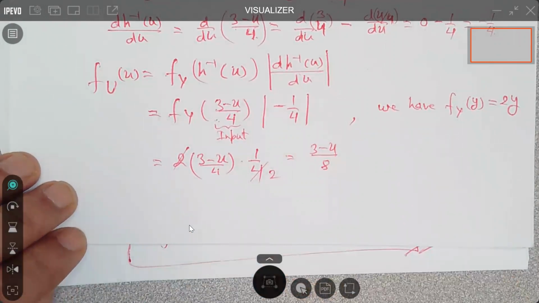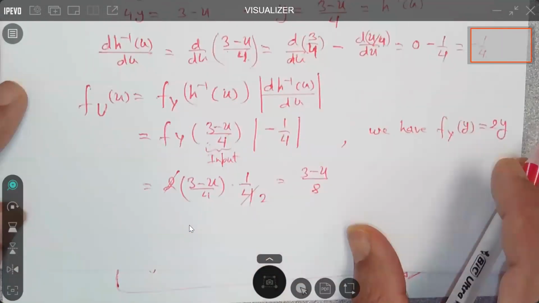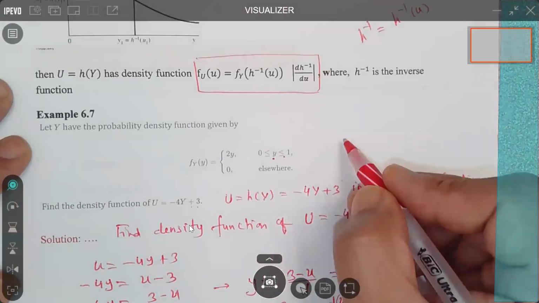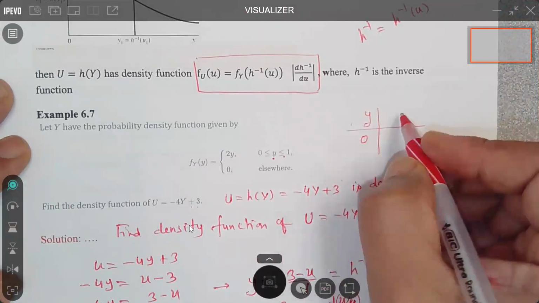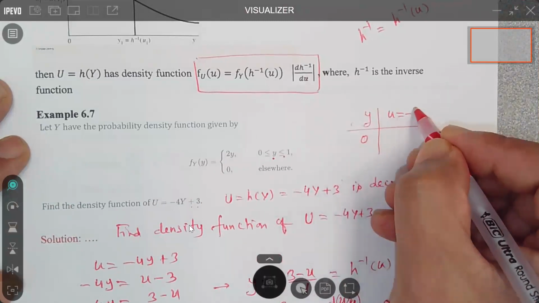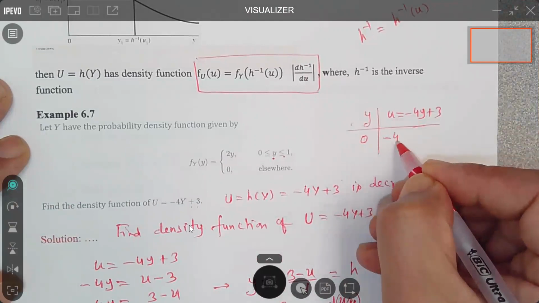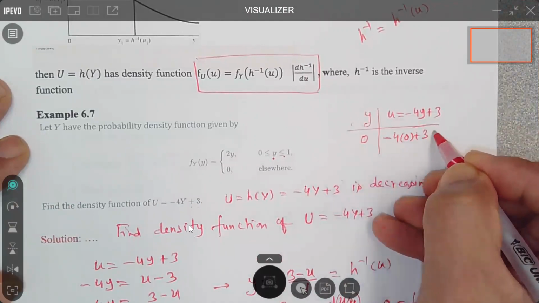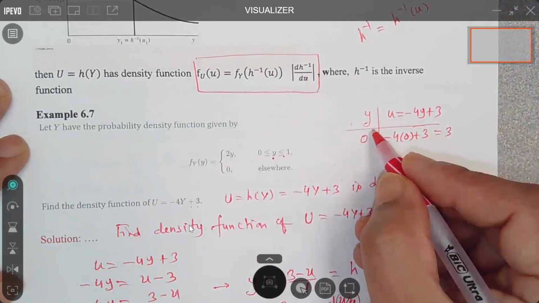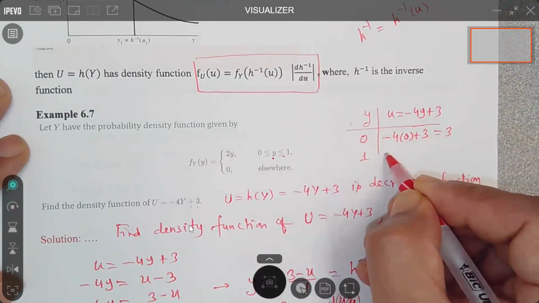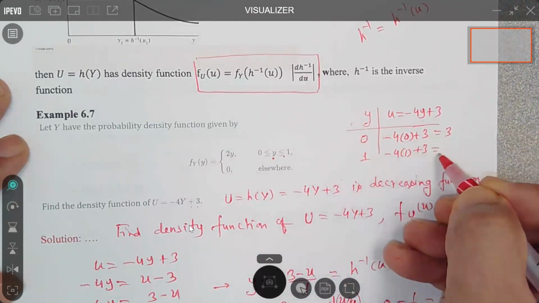Now what is the range here? When y equals 0, u equals minus 4y plus 3, so minus 4 times 0 plus 3, which equals 3. When y equals 1, minus 4 times 1 plus 3 equals negative 1.